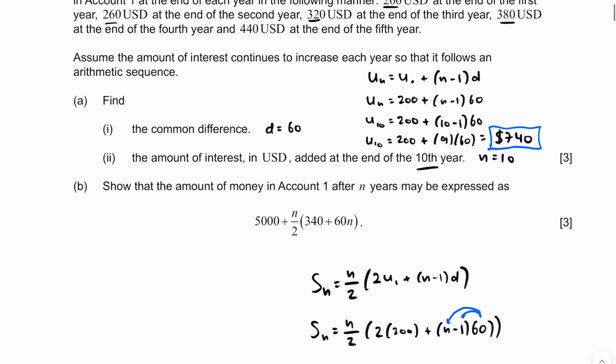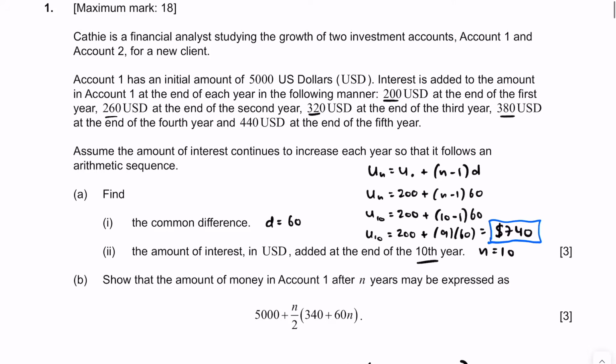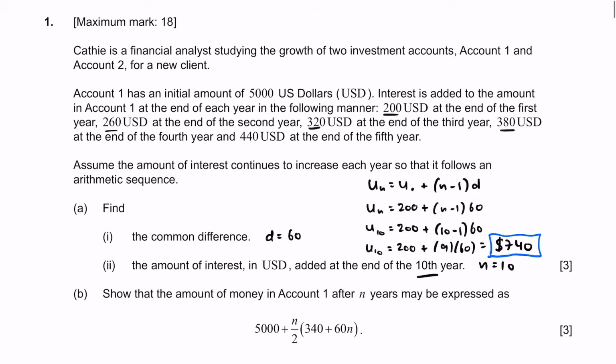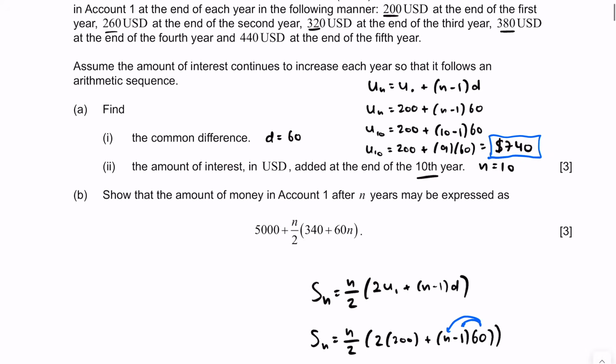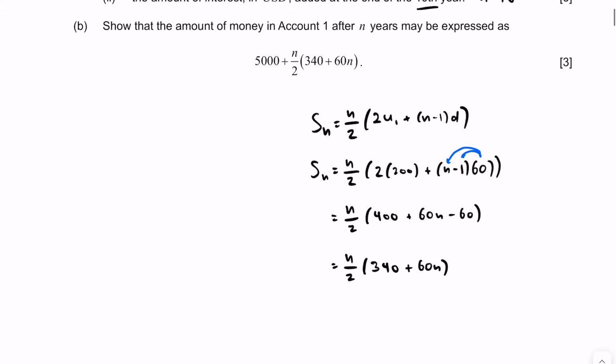But the person who is investing, or that wants to open this account, makes an initial deposit of $5,000. So in terms of the total money that they'll have in their account, it's not just going to be the interest. It's going to be the interest added to the initial amount that they also deposited.